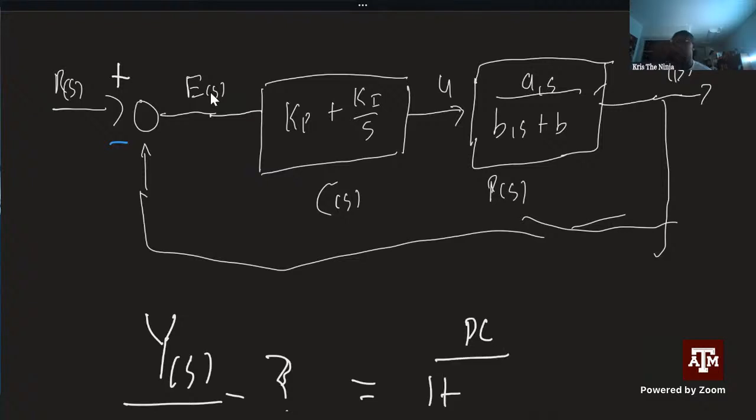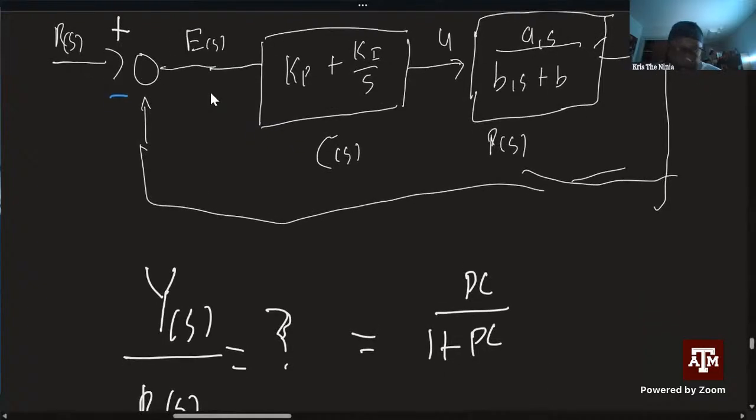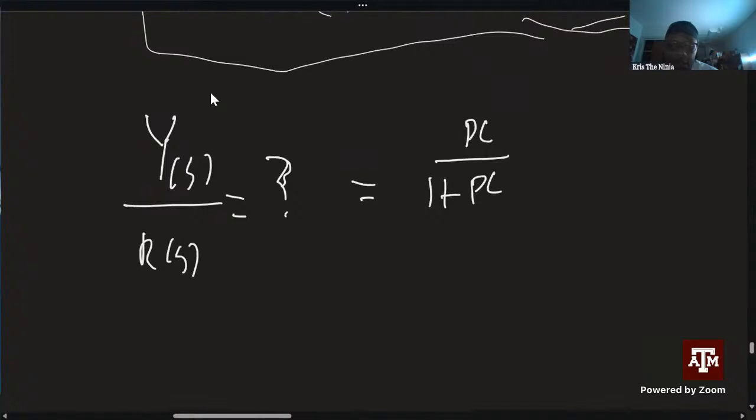Now, I'm not the greatest at algebra. I'll admit that. So me trying to derive it for you would probably just confuse you more. But essentially, you divide a bunch of stuff out, and it comes out to PC over 1 plus PC.